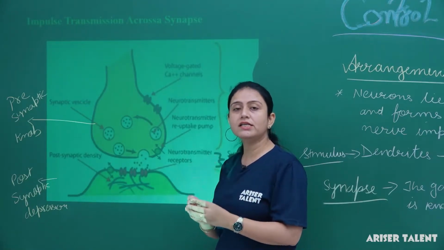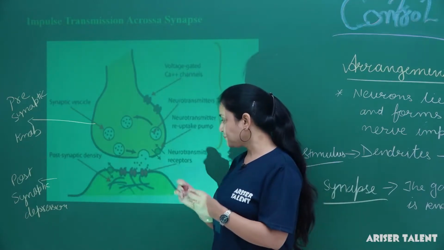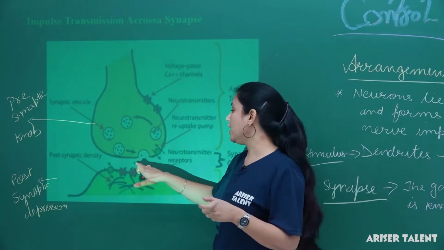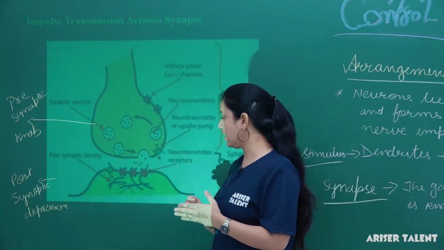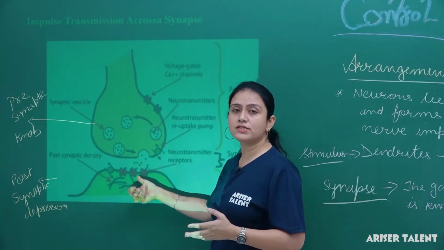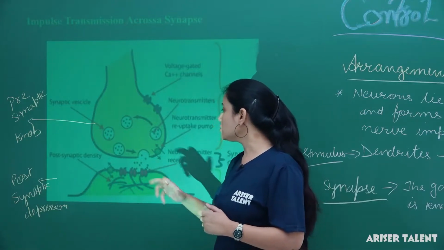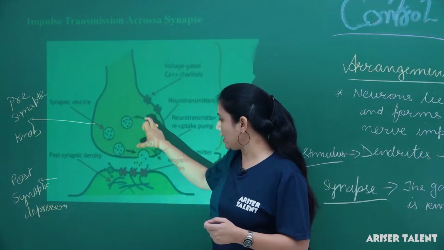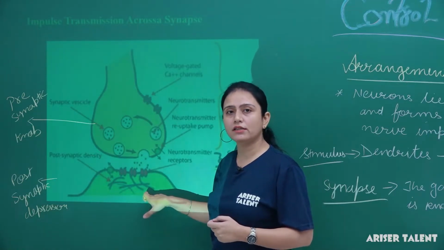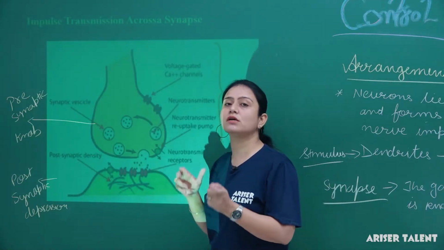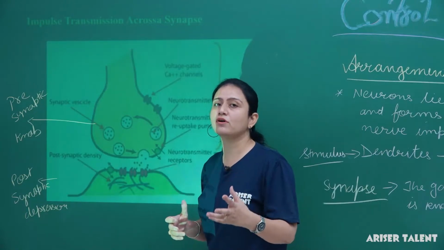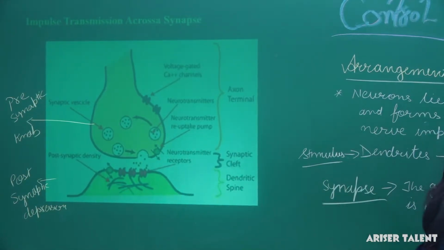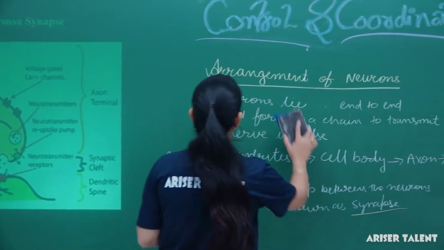Then the molecules of neurotransmitter diffuse in the synapse and come in contact with the chemoreceptor sites. Fine. So thus we can say that this stimulus is passed into the other neurons. So this is the complete process of transfer of impulse, or I must say passage of impulse.